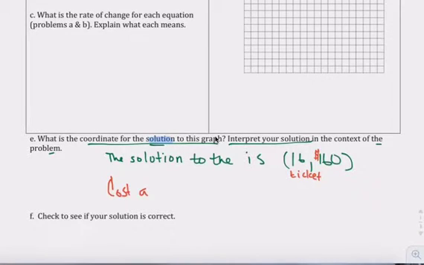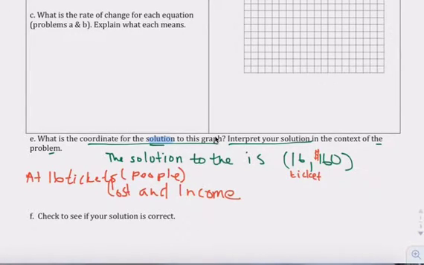Cost and income are the same, which is $160.